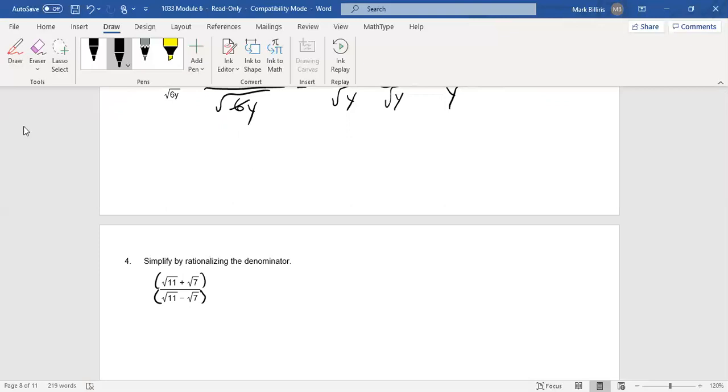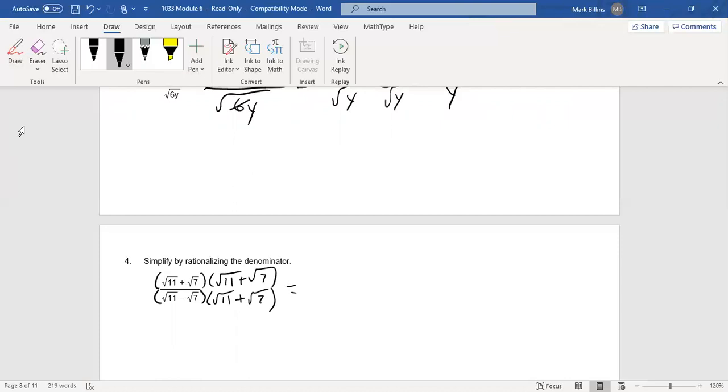So I'm going to multiply numerator and denominator by the conjugate of the denominator. So what's the conjugate in the denominator? Since it's the square root of 11 minus, its conjugate is the square root of 11 plus, in this case, the square root of 7. Whatever I do to the denominator, I need to do to the numerator as well.